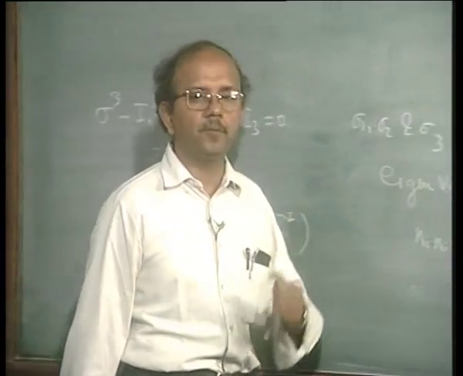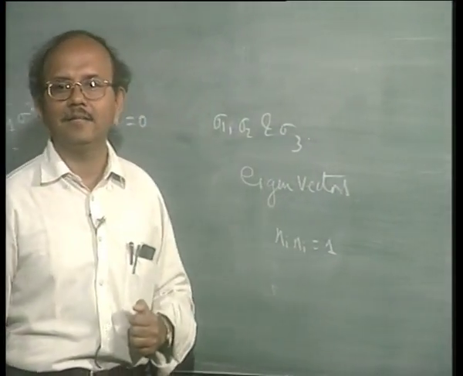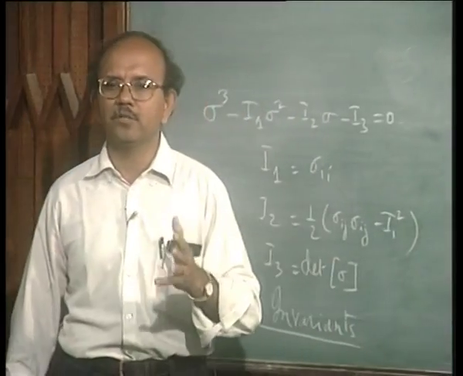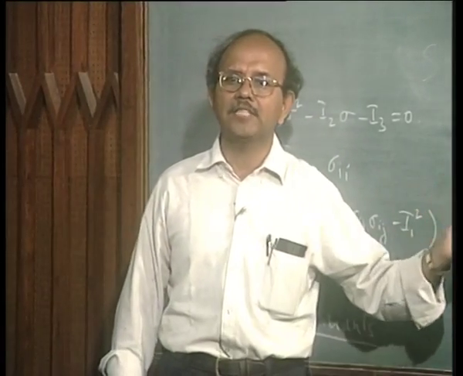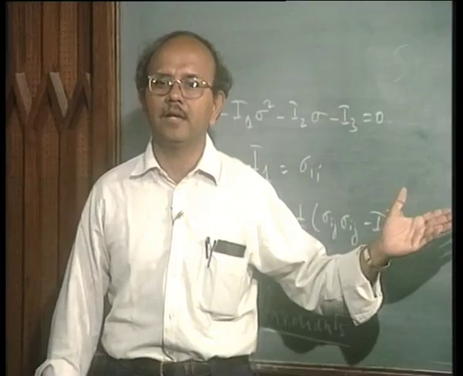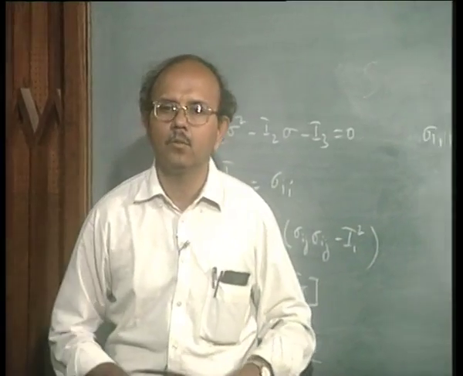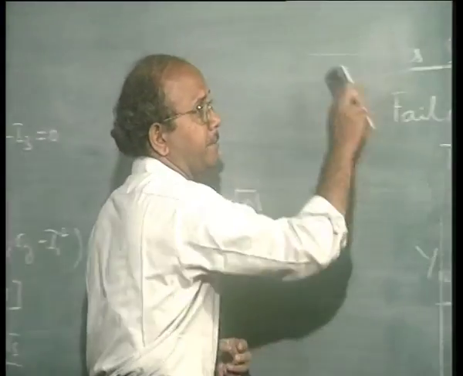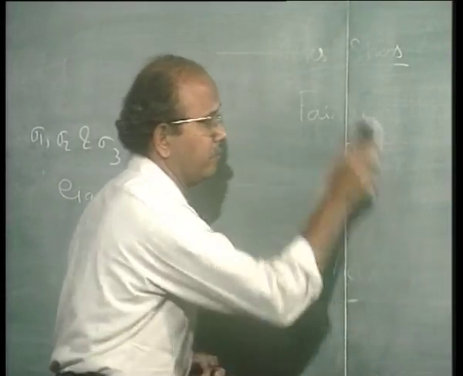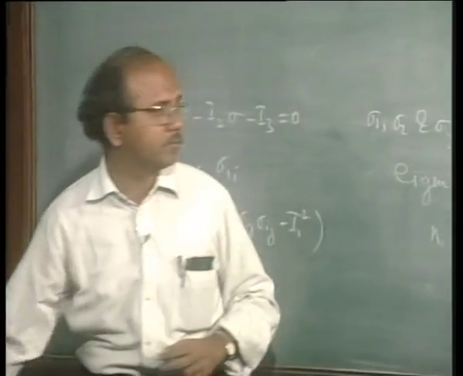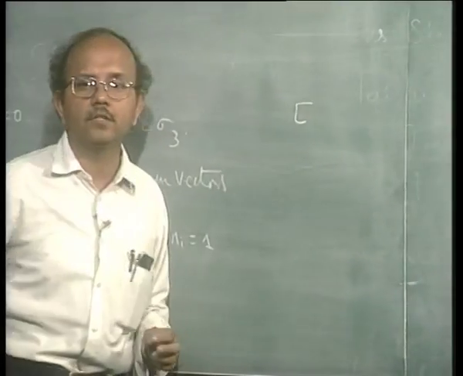Once I define principal planes, I can get the maximum shear stress. I am not going into the details, you know it already. How do we define maximum shear stress? Let us say that the maximum shear stress is tau.